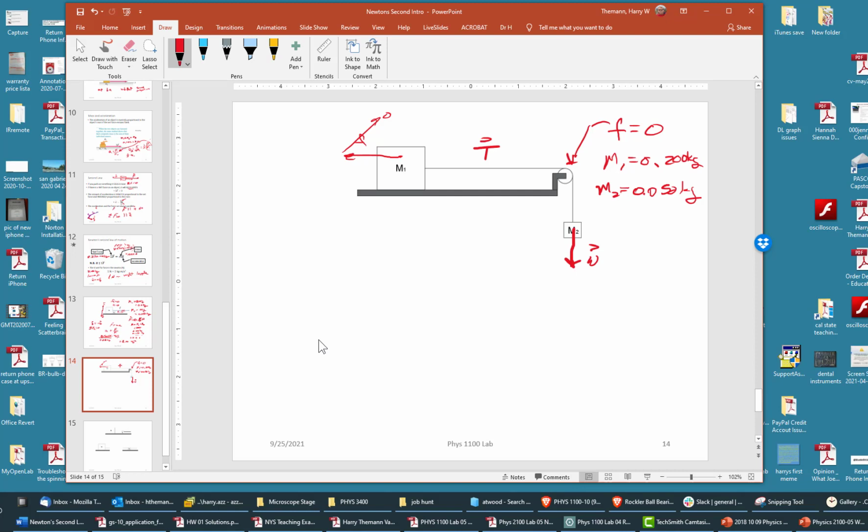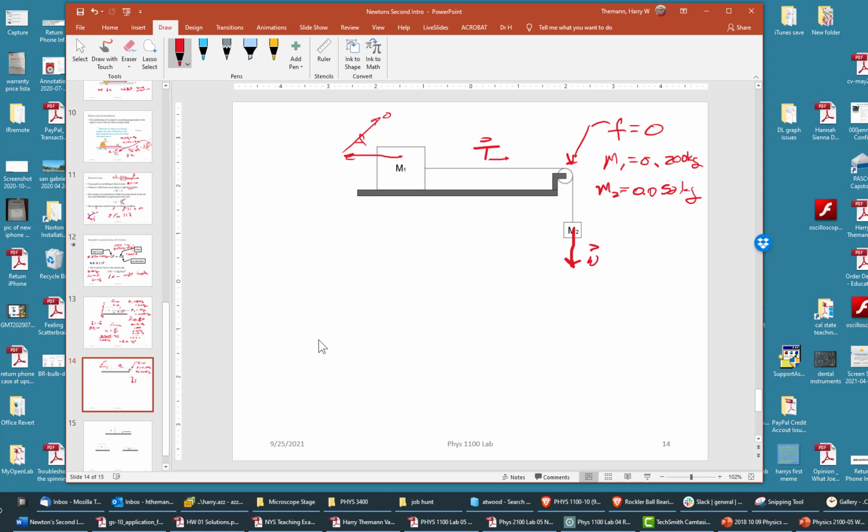Well, we can imagine this system's going to move to the right, so we could say this is pointed this way. As we'll see in a minute, just leave it like that for the time being.